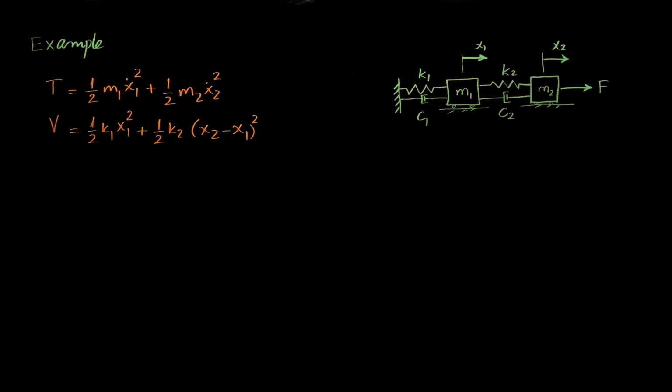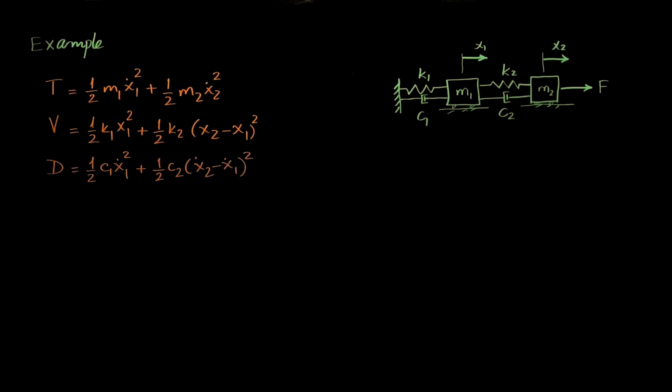The damping or the dissipation function is 1/2 c1, and the velocity is x1 dot squared, and for the second damper 1/2 c2, the difference in speeds (x2 dot minus x1 dot) all squared again.